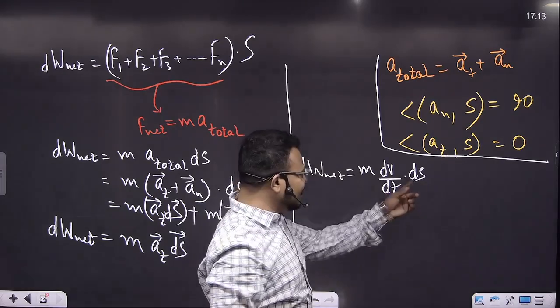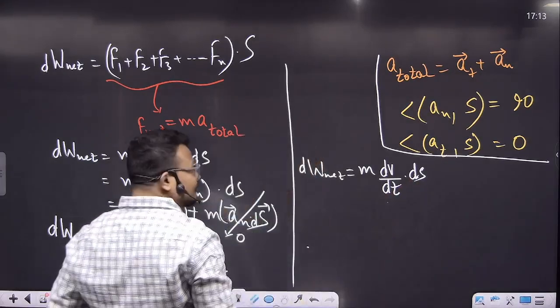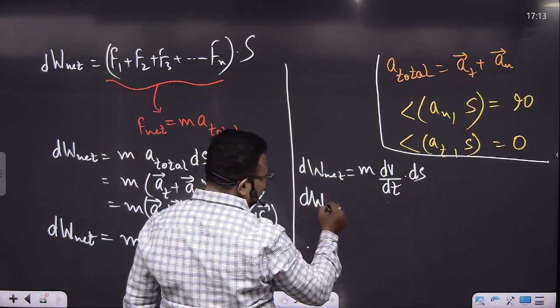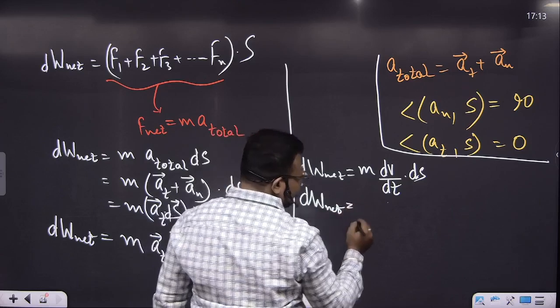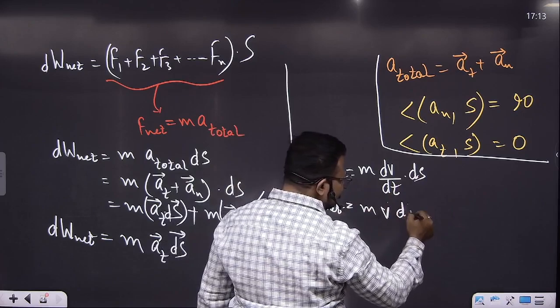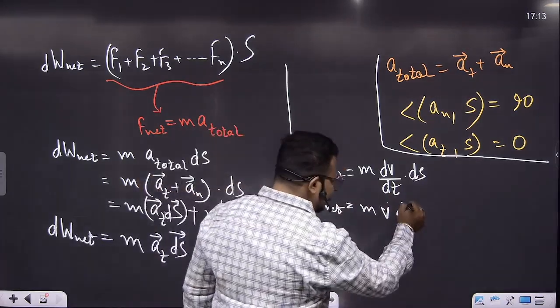Now see here, ds upon dt is what? Velocity. So d work done net equals M into V dV. See what we are getting? V dV.